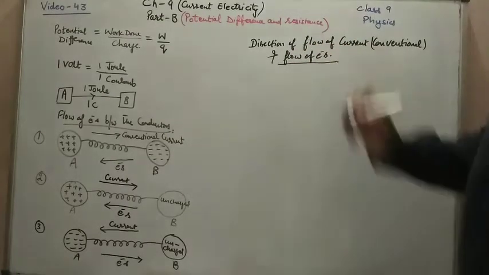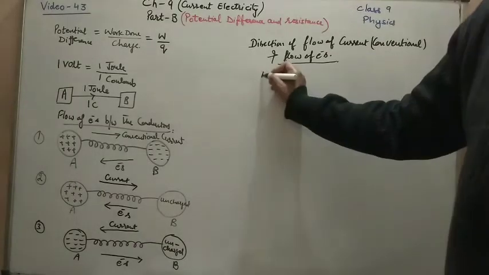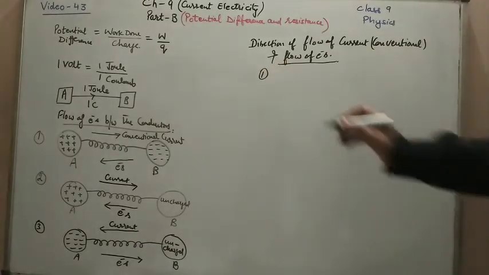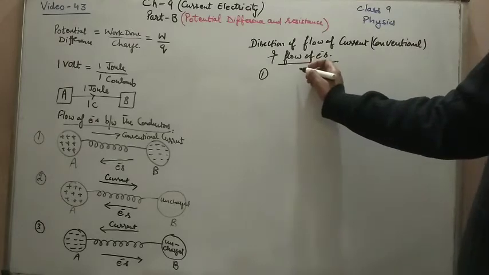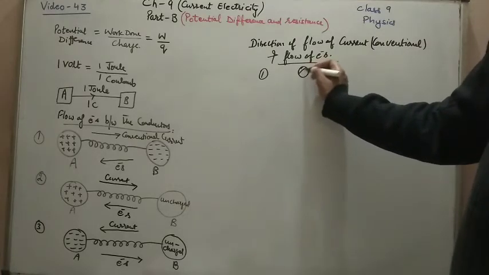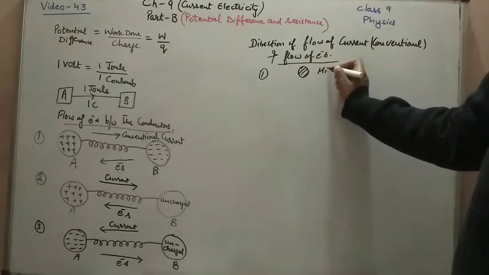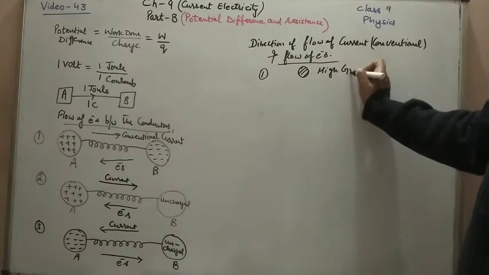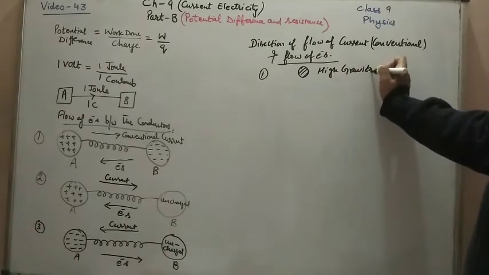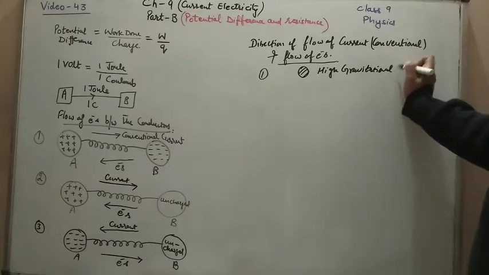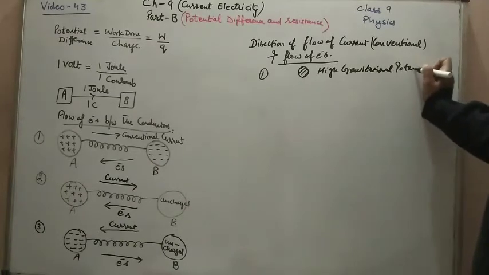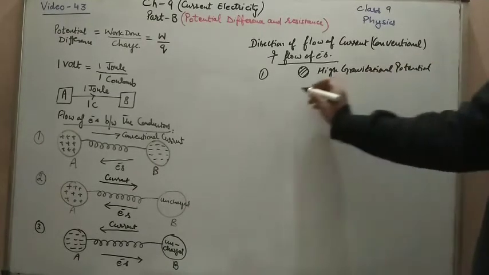So just to bring uniformity in the basic rules of nature, a body falls from height, or high gravitational potential, towards low gravitational potential.